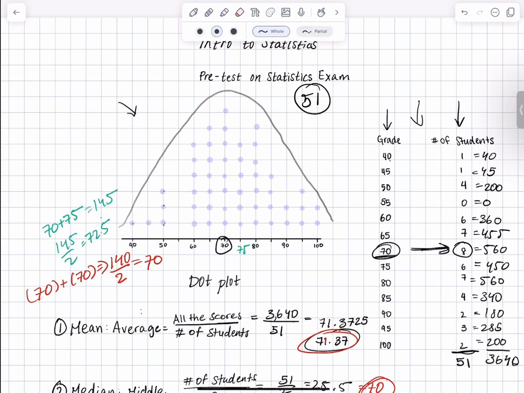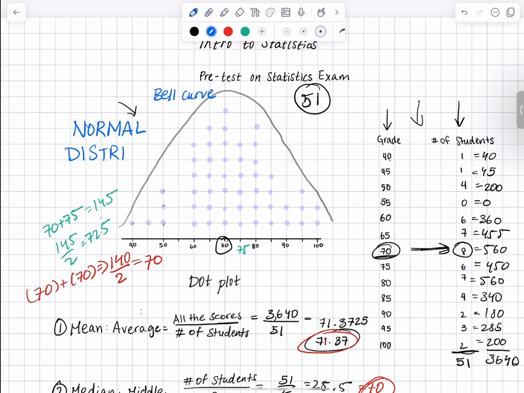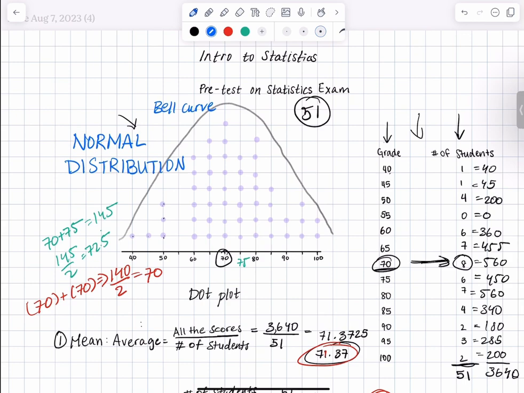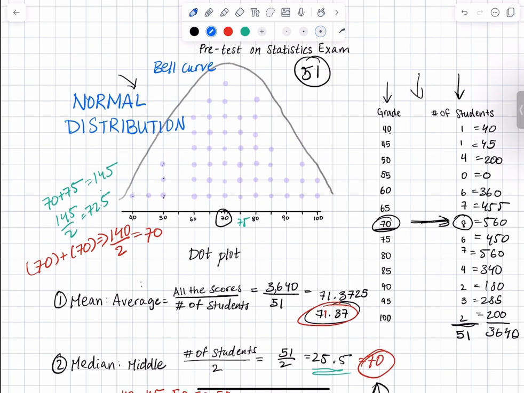When you have something like this, it is called a bell curve or a normal distribution, but the preferred term is normal distribution. So when you have a normal distribution, it is highly preferred that you use the mean.